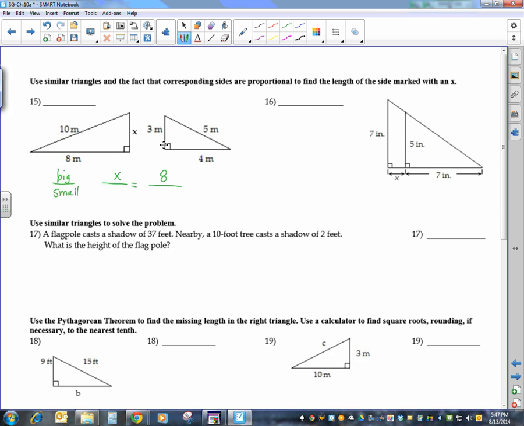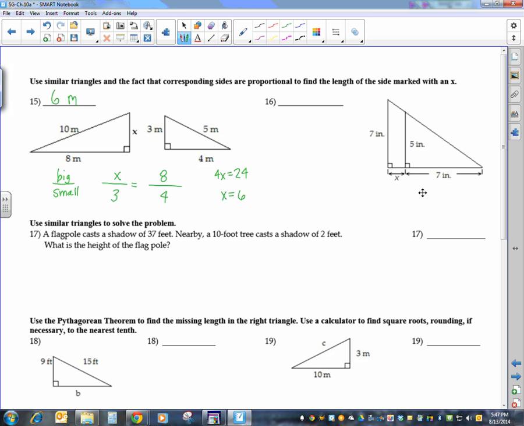And go over to my small triangle. What corresponds to X is 3, and what corresponds to 8 is 4. So we cross multiply, and that gives me 4x equals 24. So x equals 6. So my answer is going to be 6 meters.